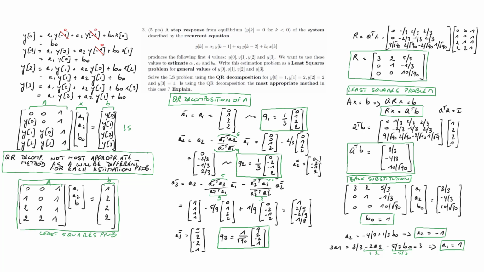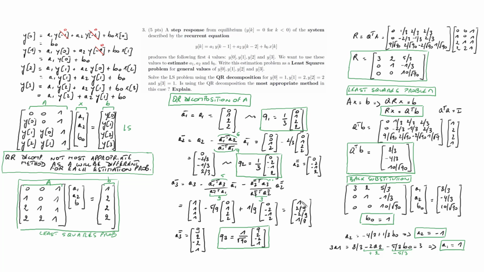The easy way is to work with this one, because it makes the computations simpler. So for A3 bar, we take the third column of the matrix A and we remove its projection on A1 bar and A2 double bar, right? If you do the computations, this is what you obtain.